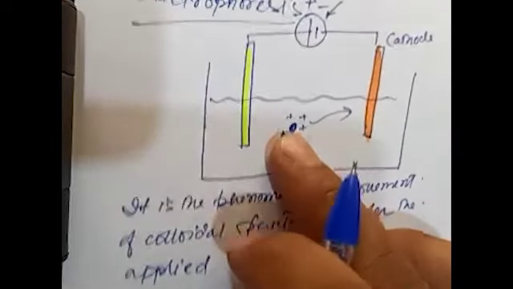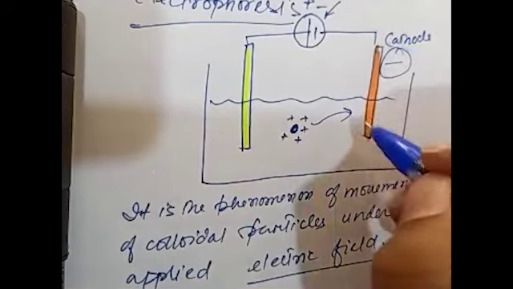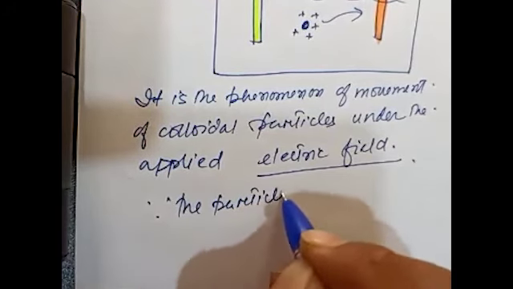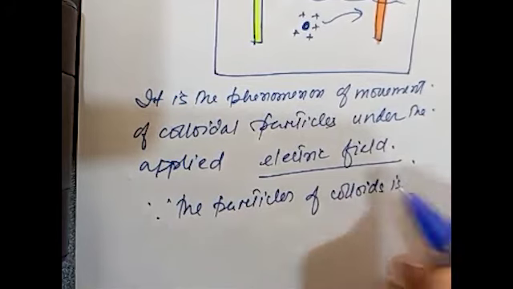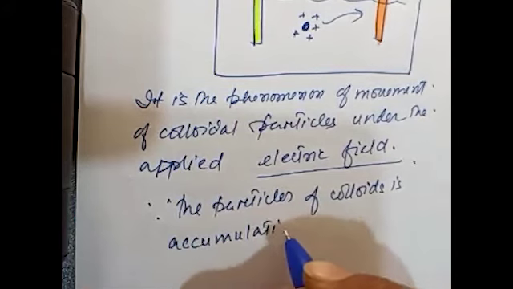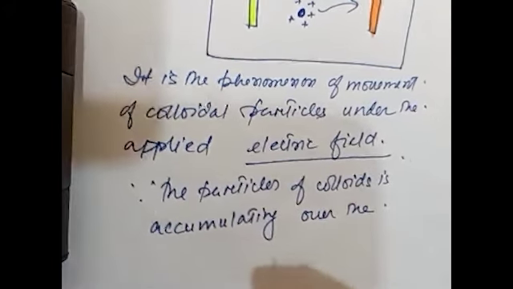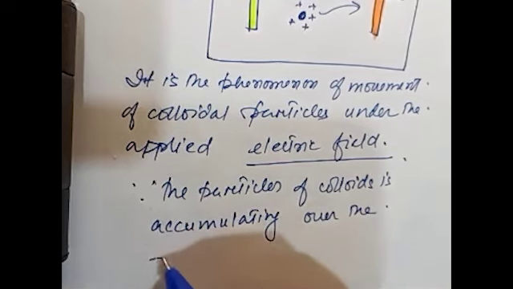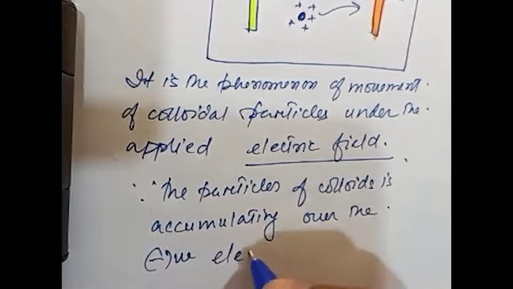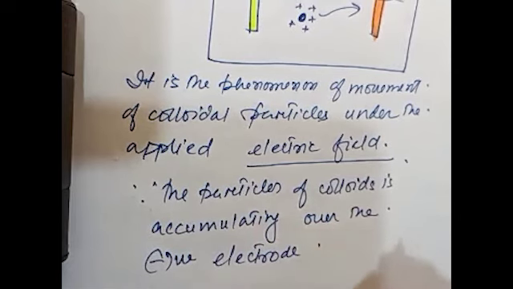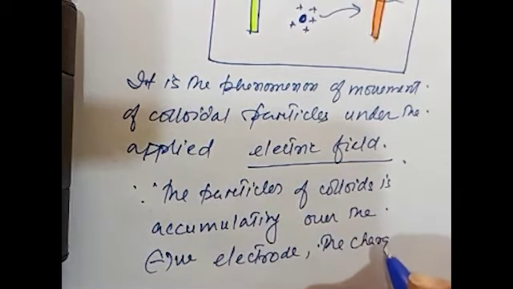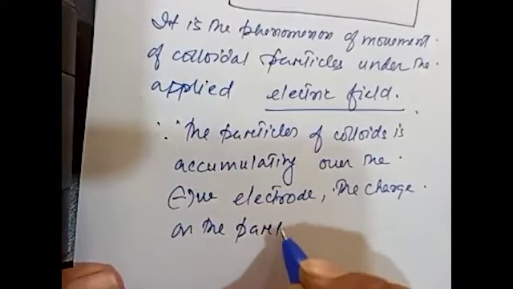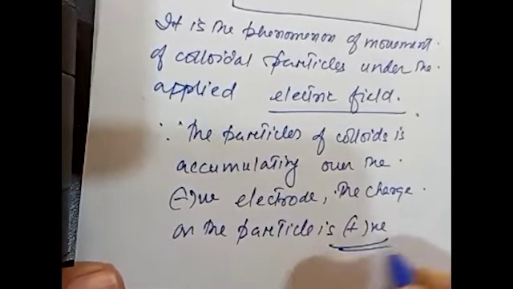We can give an example: since the particles of colloid are accumulating over the negative electrode, negative electrode means cathode, the charge on the particle is positive. Fine, the charge on the particle is positive.